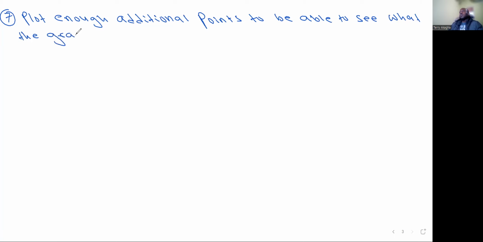So you're going to have some random additional points to be able to see what the graph is doing.